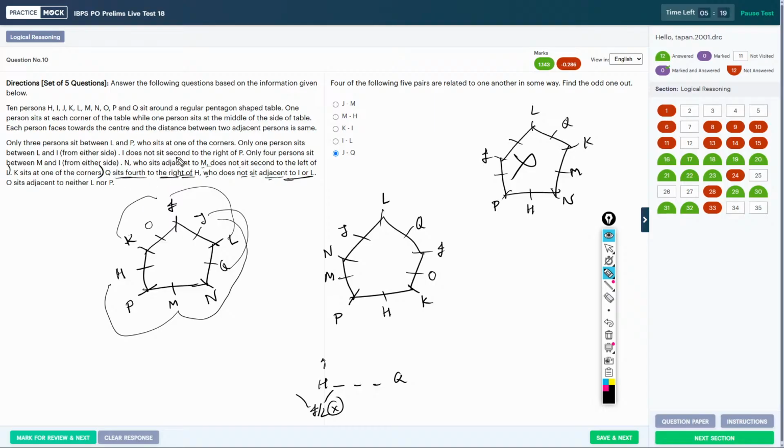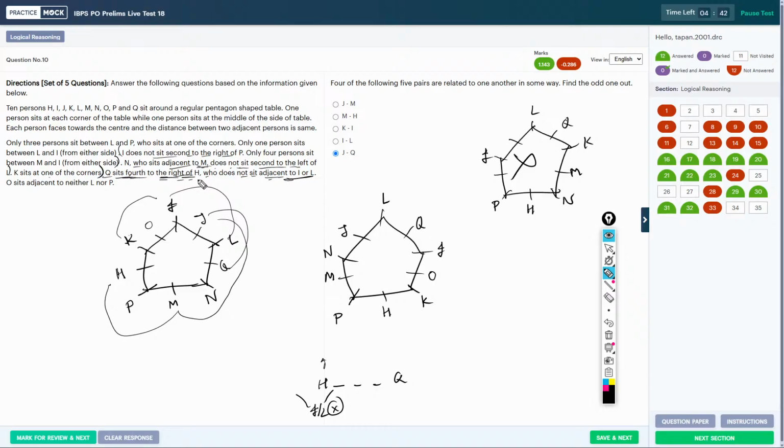I does not sit second to the right of P. Only 4 persons between M and I from either side. N sits adjacent to M. M does not sit second to the left of L. K sits at the corner.